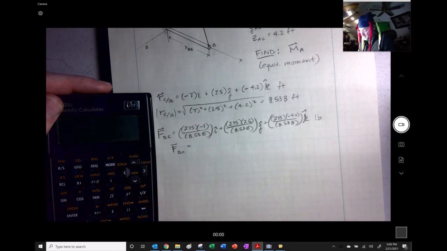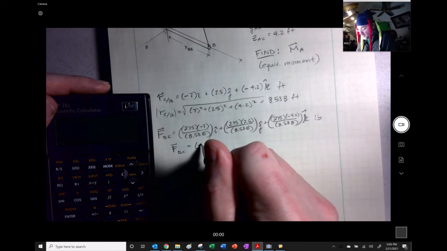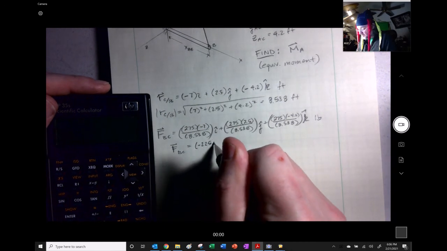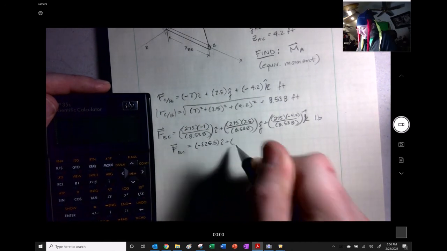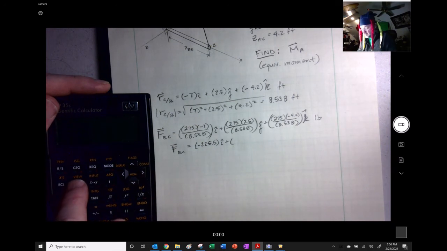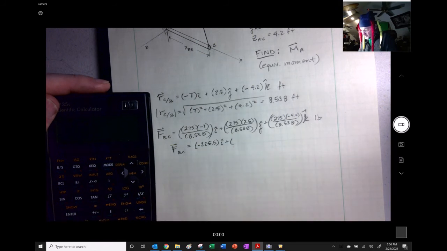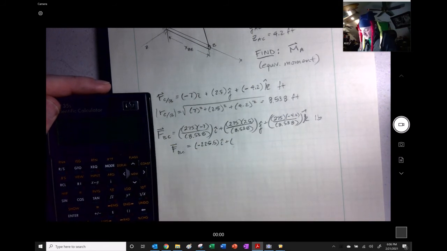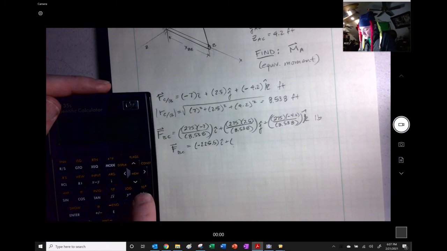275 times 7, and I get a negative 225.5 i, and then 275 times 2.5.